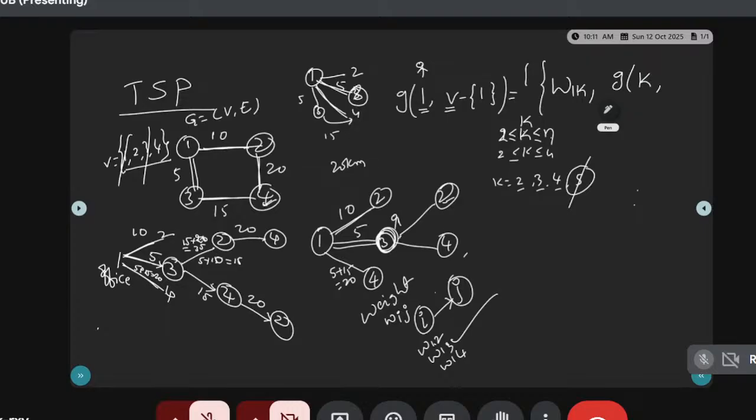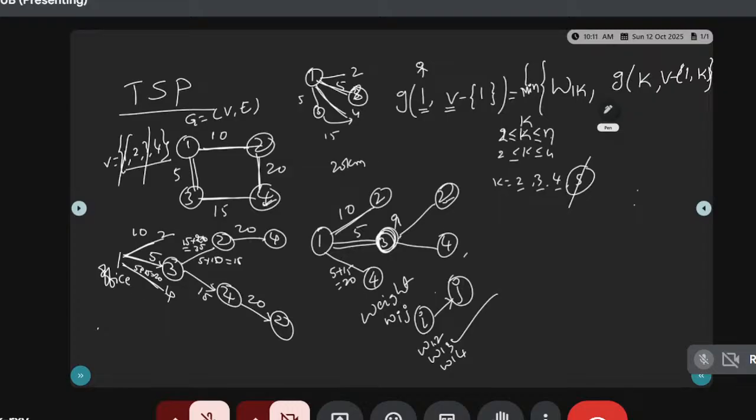2 comma 4 ఏంటి? నీకు ఇచ్చిన 4 లో అపార్ట్ ఫ్రమ్ 1 కామా 3 అవి రెండు కాకుండా, 1 ఆల్రెడీ విజిటెడ్, 3 ఆల్సో విజిటెడ్, ఇంకా మిగిలిపోయిన ఏంటి? 2 కామా 4, మీన్స్ దట్ V నుంచి యు రిమూవ్ 1 కామా K. ఇంకా మిగిలిపోయినాయి 2, 4. ఈ రెండిట్లో ఏది మినిమం అయితే అది తీసుకోవాలి. మినిమం ఆఫ్ W of 1 K plus g of k, V minus 1 k.